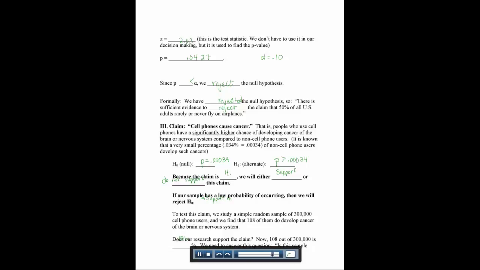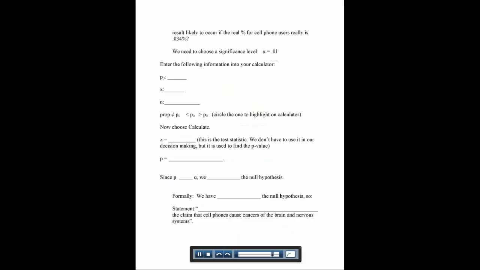Okay, now, since this is a pretty important topic, we're going to let alpha be 0.01. So our P is P0, that's what we put in our null and our alternate. In our calculator, we're going to put 0.00034. From our sample, the number who did develop cancer was 108, and our N was 300,000.